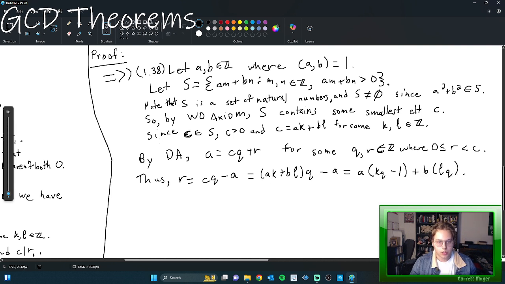So all you'd have to do is distribute that q out. You're going to be left with akq plus blq minus a, and then take that a, factor it out of that akq minus a, so you're left with kq minus 1, and then you have blq, so factor out that b, and you're left with b times lq.